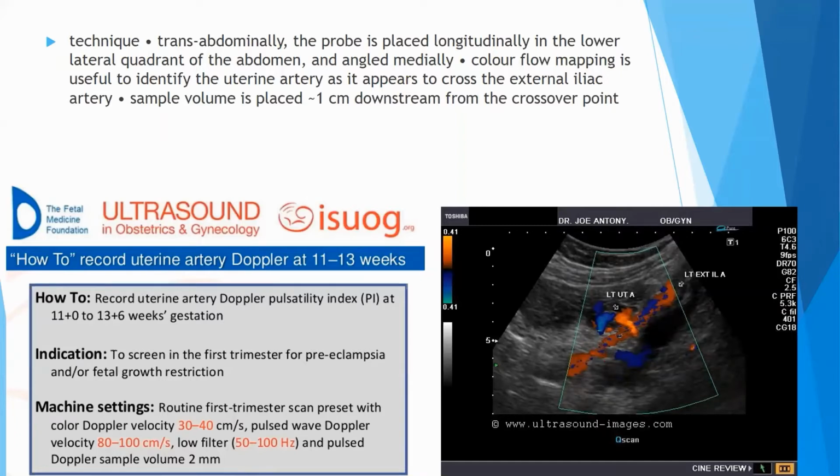And then we apply our color flow mapping so that we identify the uterine artery where it crosses the iliac vessels, that is the artery and the vein. So when we see where it's crossing, then we're going to put our sample gate about 1 centimeter downstream from the crossover point. We don't put it at the crossover point, but 1 centimeter downstream from it. And then we measure the uterine artery Doppler.